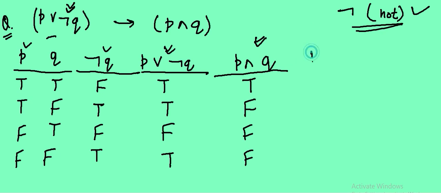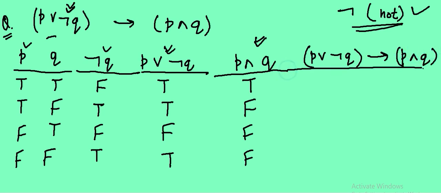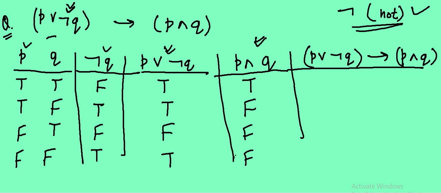Then finally we will evaluate the whole statement: P or not Q implies P and Q. For this we need this table, this table, and this one.